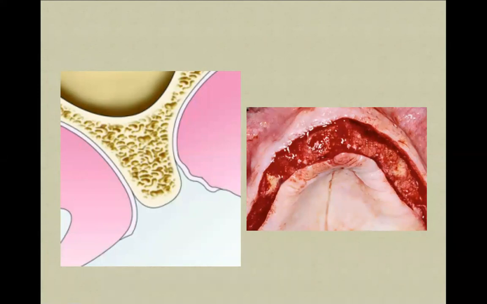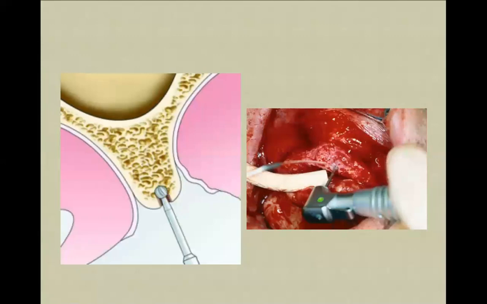That's also very important. Then you are making a kind of marking. You're using a small round bur to mark the places where the implants will be placed. In the past, colleagues used specially designed templates, not virtual planning, just designed according to the plastic cast.